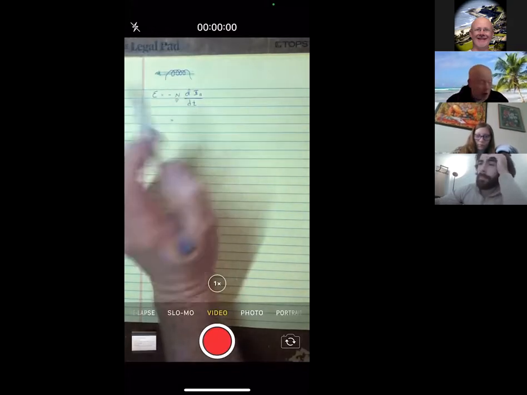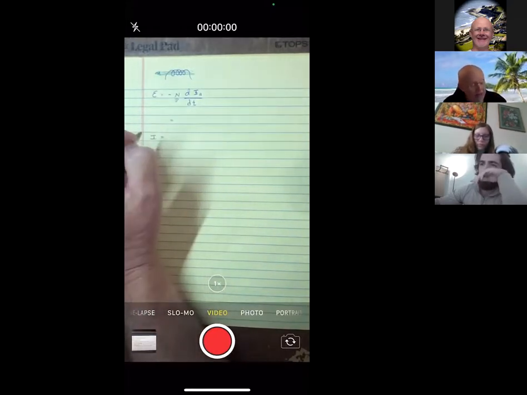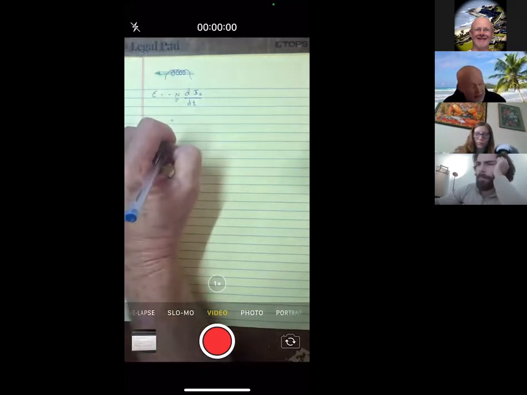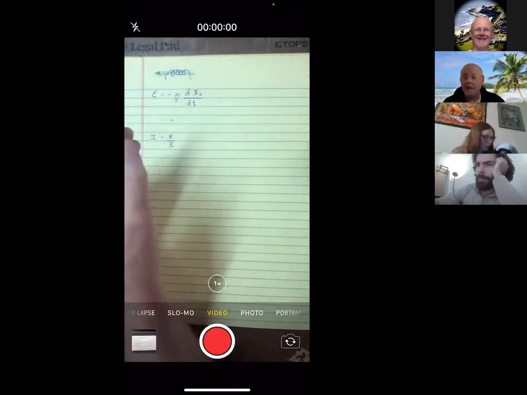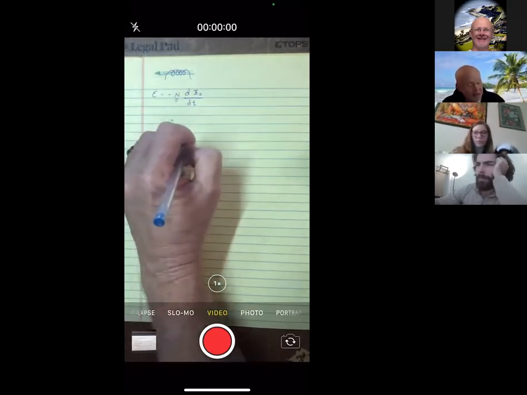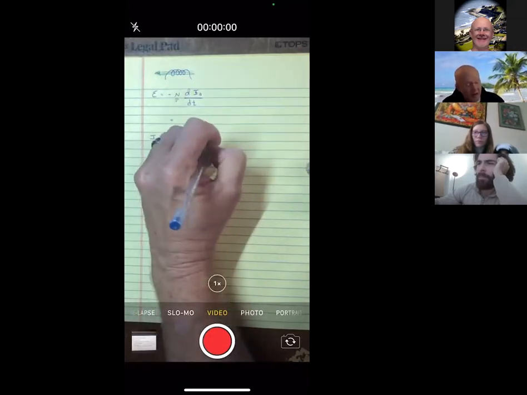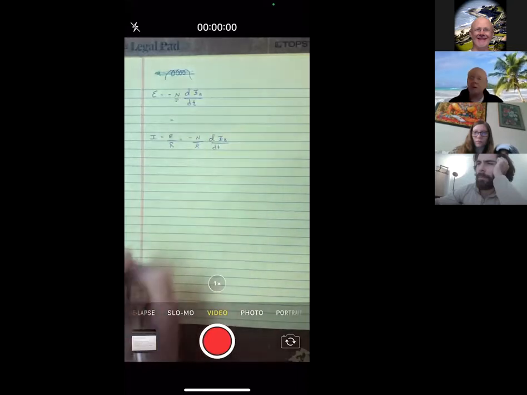This was kind of your question: for a problem like this, I would probably want to know what the current is. So I probably would take the EMF and divide it by the resistance in that wire, which means I would have something like minus N over R for the resistance in that wire, and then the derivative of the flux.